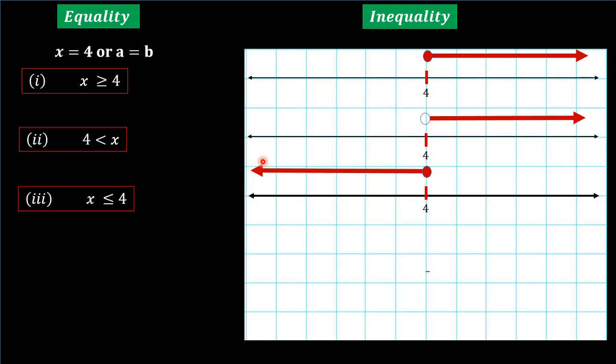The thing, students, to notice here is, see here, 4 is lesser than x, or x is greater than 4, and x is greater than or equal to 4. What that means is, you have the 4 which is excluded in the second one, and 4 is included in the first one. If I ask you, or you are often asked the question, what is the largest possible integral value of x?